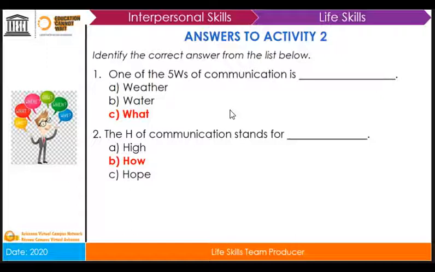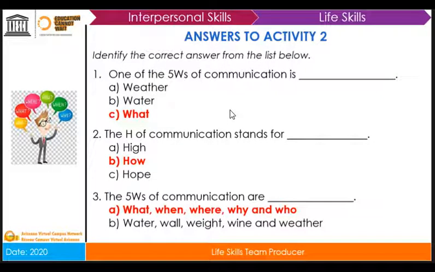2. The H in communication stands for dash, and the correct answer is how. Very good. 3.